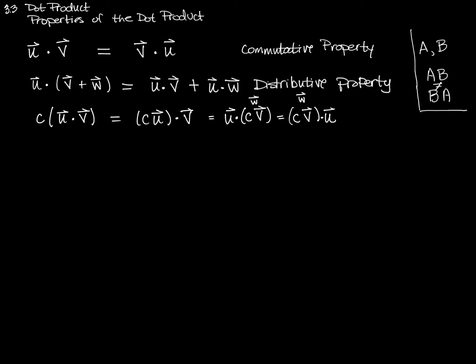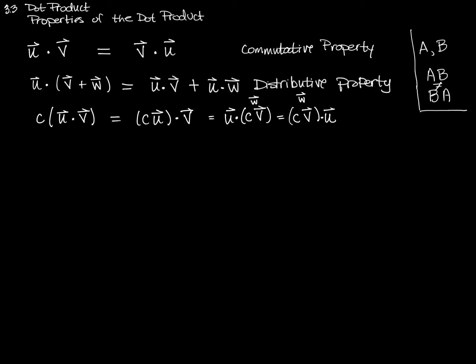So the multiplication of matrices is not commutative. So it's just as important to know when a property of an operation does hold as when it doesn't. So when I dot two vectors together, I know that I can do it in either order.